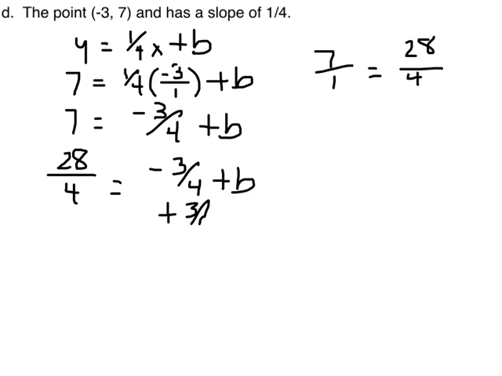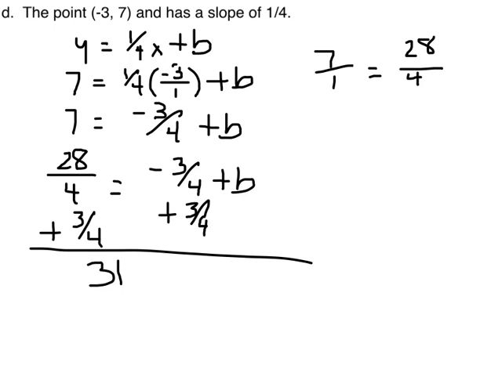Add 3/4 to both sides. And I find b is equal to 31 over 4. So the equation of this line is going to be y equals 1/4 x plus 31 over 4.